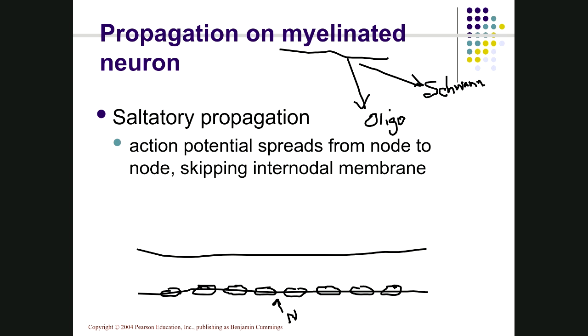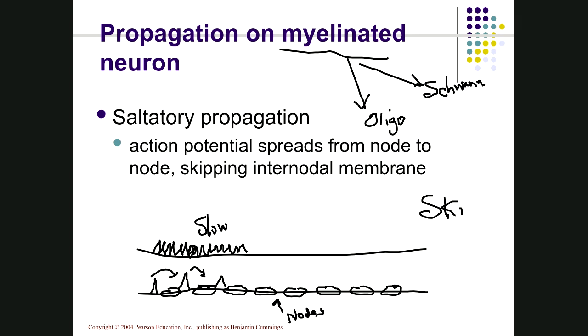And so what's going to happen when you have an action potential here, this one, every little part of the membrane has to go through an action potential, every little part. And so it takes a long time. It's slow. But what happens here is the action potential looks like it's jumping because only the nodes go through action potentials. It looks like it's skipping.